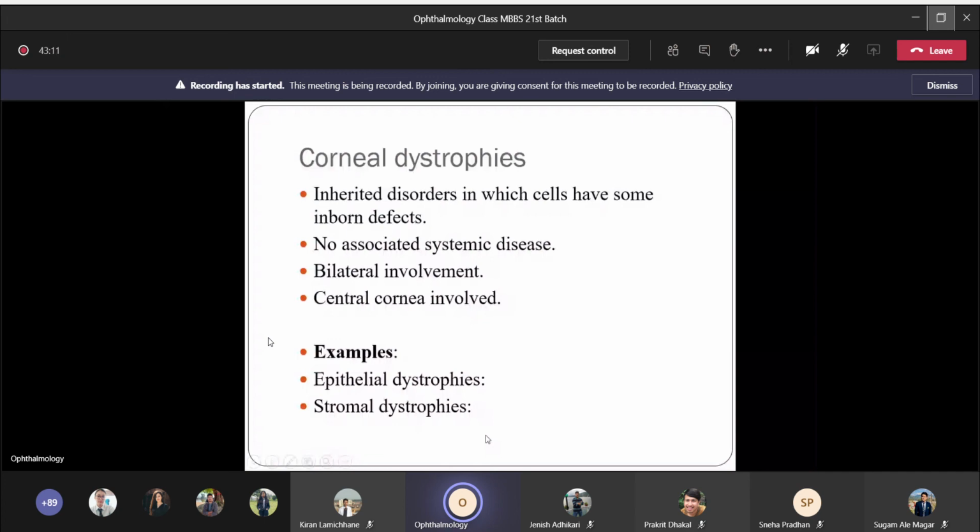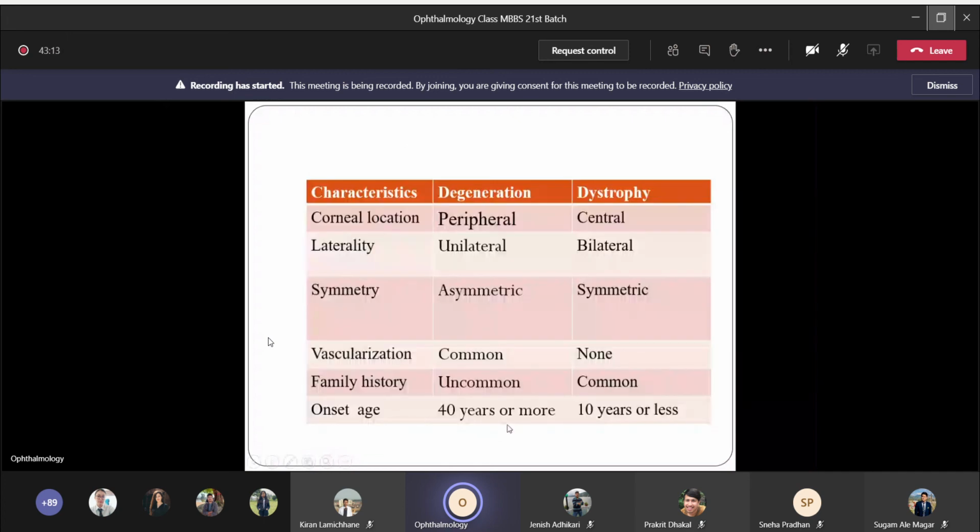So in short, these are the differences between corneal degeneration and dystrophy. The location is important: it is peripheral in degeneration, whereas in dystrophy it is central. Laterality: it is unilateral in degeneration, whereas in dystrophy it is bilateral.